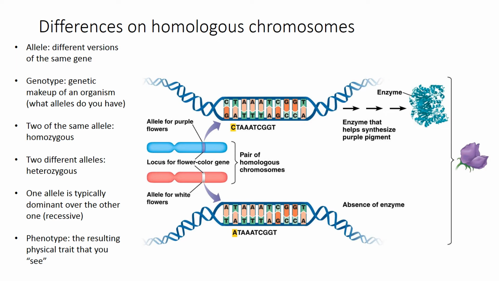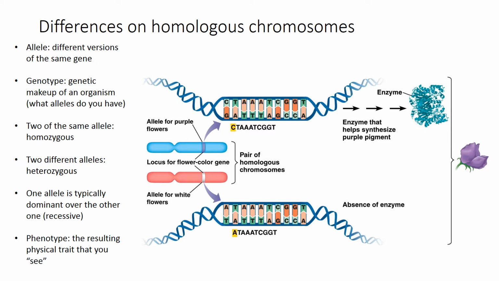The genotype is the actual genetic makeup of an organism. So what alleles do you have? It might be saying that you have this particular sequence. A lot of times we use just letters to denote these. So this might be the big P for purple, and this might be a little p down here for the white ones. But that's telling you what copies of the gene you have.